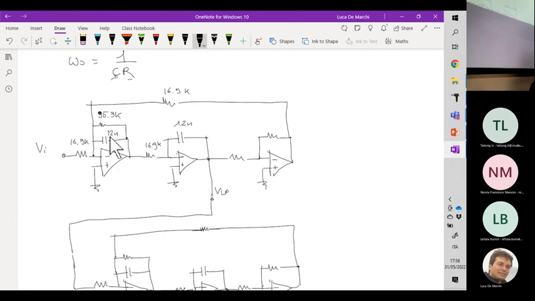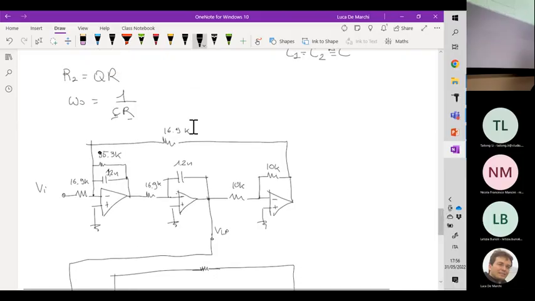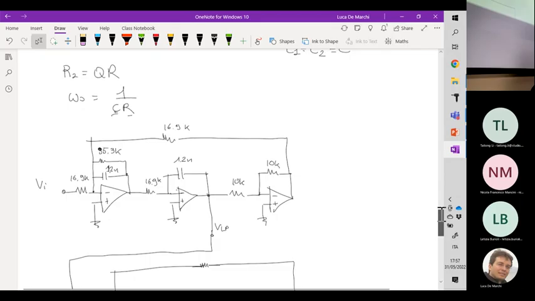Well, actually, also this one is 1.2 nanofarad. This is 10 kilo, and this is 10 kilo. Okay? Again, these values are computed by starting from the specification related to Q and omega naught.